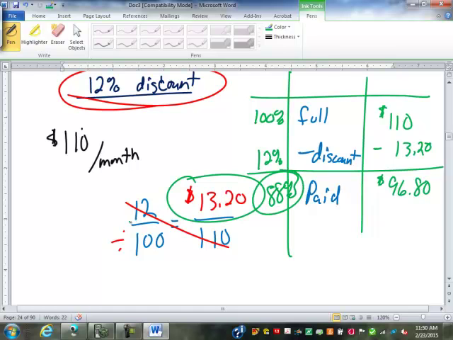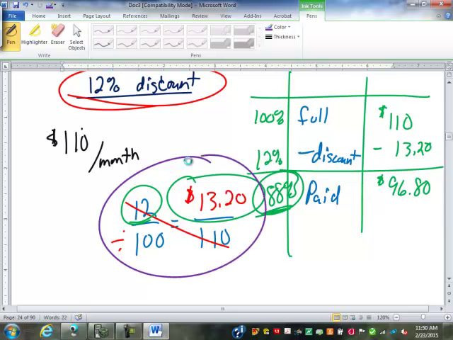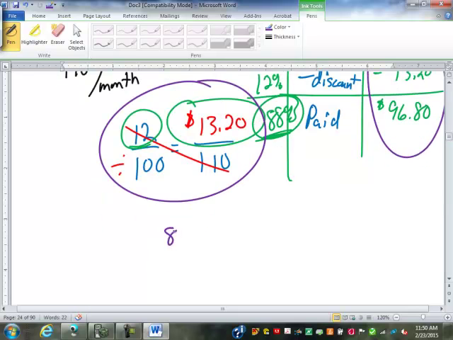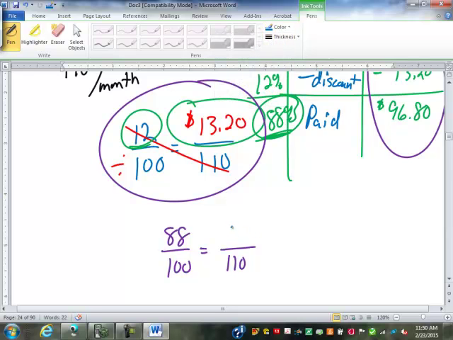So when there's a 12% discount, the amount that we have to pay is 88% of the full price. So rather than finding the 12% and subtracting it like we did here, we could have just taken 88%, or the complement of 12%. And 88% of $110 comes out to be $96.80.